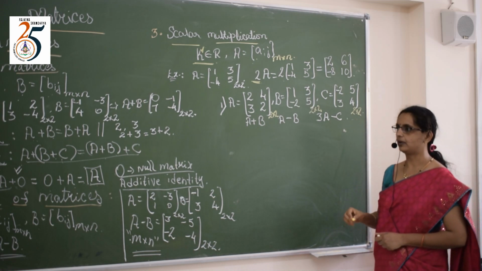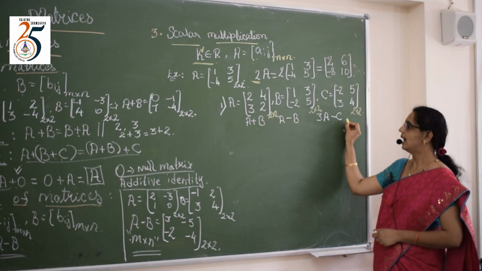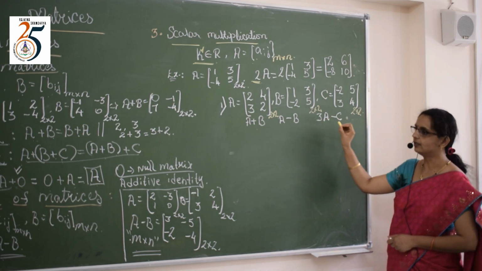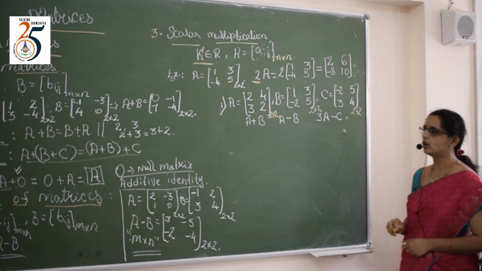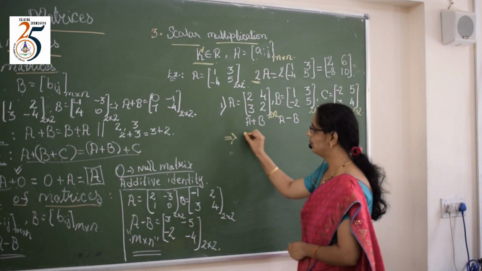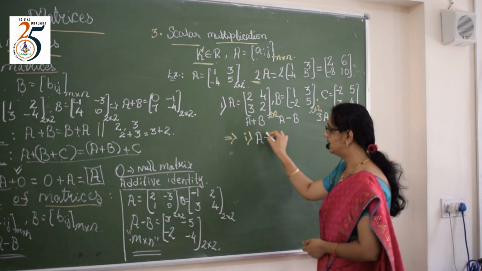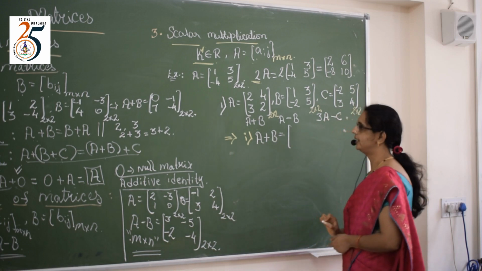So, we are going to calculate now A plus B, A minus B, and then 3A minus C. In these three parts, we will come across all the three operations explained so far. Coming to the first one, A plus B. What is the operation here?